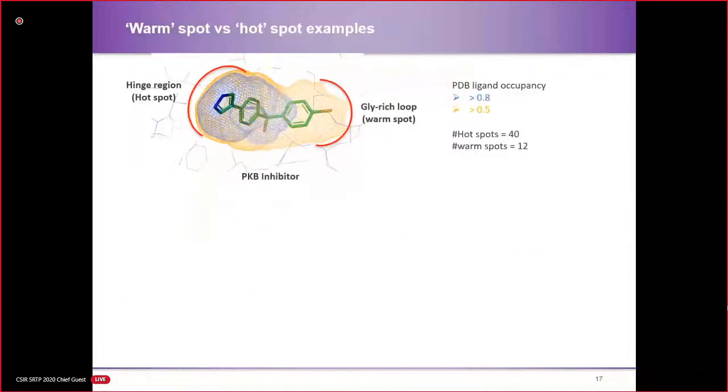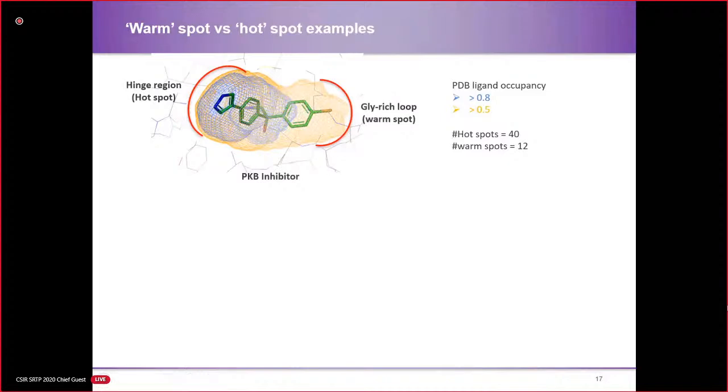The warm spots and hotspots, what are those actually? As I said before, if many ligands place the same group in the same place all the time, then it is quite hot. But sometimes you see warm spots where not all the ligands, but about 50% or less, place, for example, a chlorophenyl group here in the glycine-rich loop of PKB, which means this is a warm spot.